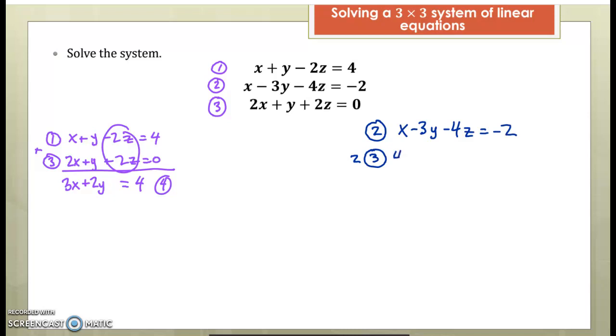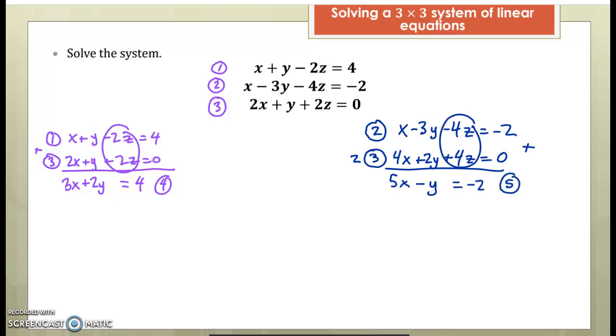And then 2 times equation 3 is 4x plus 2y plus 4z equals 0. So when I add these equations together, I get 5x minus y. The z's also go to 0 again, and it equals negative 2.